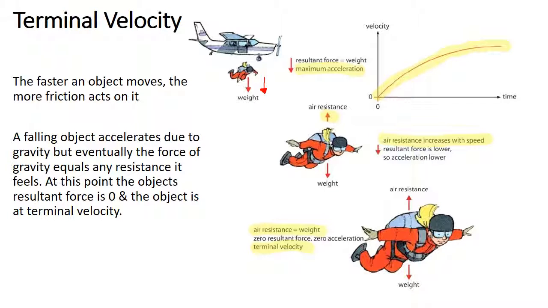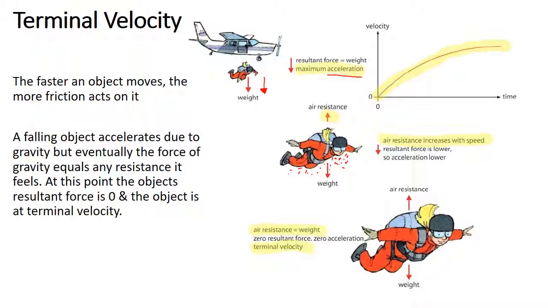And this is because weight, remember, takes into account her mass, and it takes into account the gravitational field strength of the Earth. Now, as her weight drags her down, she starts to accelerate. And this acceleration is important because as she starts to accelerate and her speed starts to increase, so too does her air resistance. So at the start she didn't have that much air resistance because she wasn't moving that quickly.